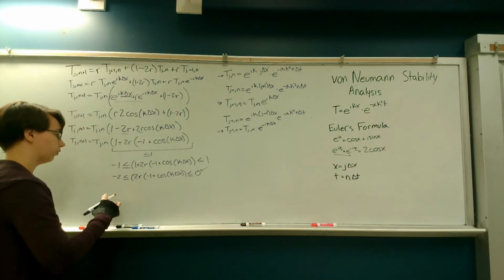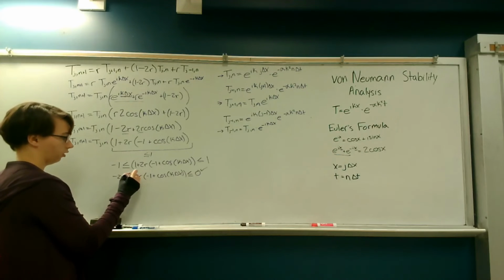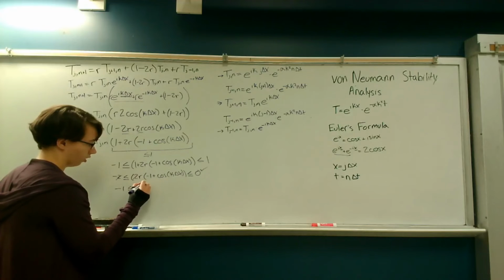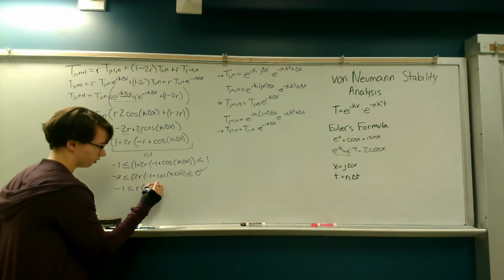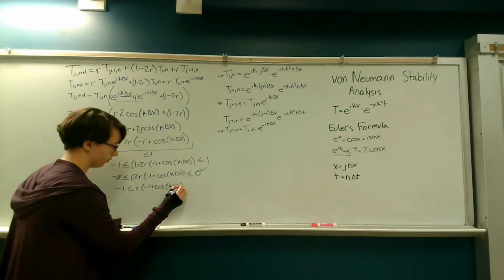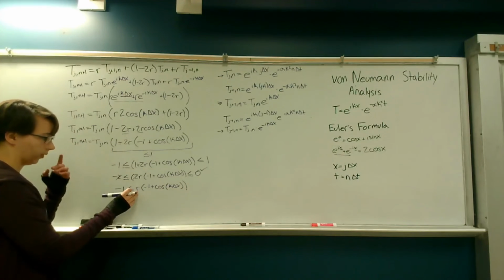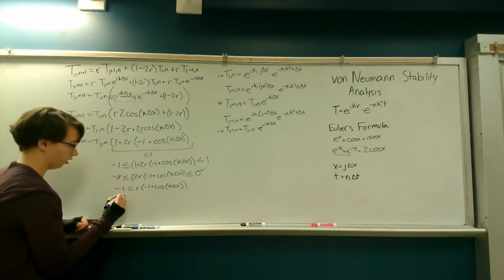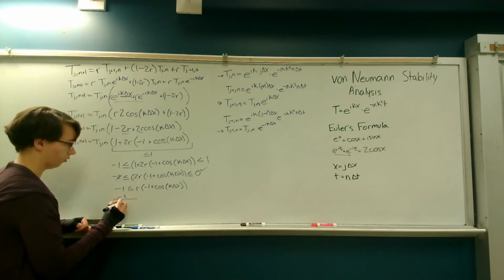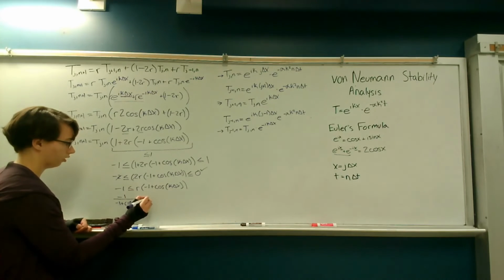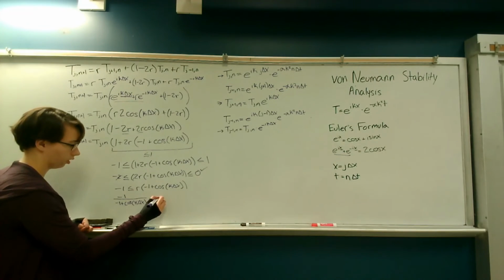Alright, so now at this point, we can do the next step where we divide by 2. We got that negative 1 is less than or equal to r times negative 1 plus cosine k delta x. Alright, and now we can divide by this. So then we'll get that negative 1 over negative 1 plus cosine k delta x is less than or equal to r. Okay.